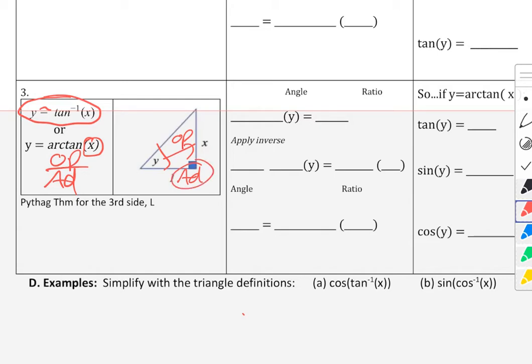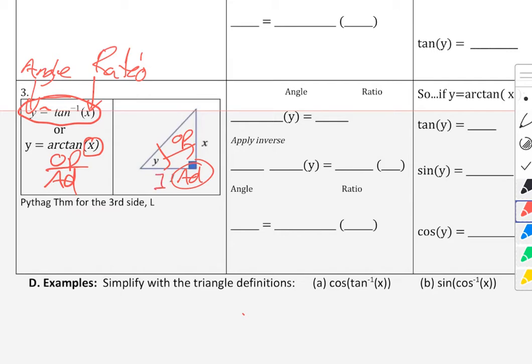Remember that this is an angle and this is the ratio. X is the ratio, so it's actually x over 1. That means the opposite is x, the adjacent is 1.